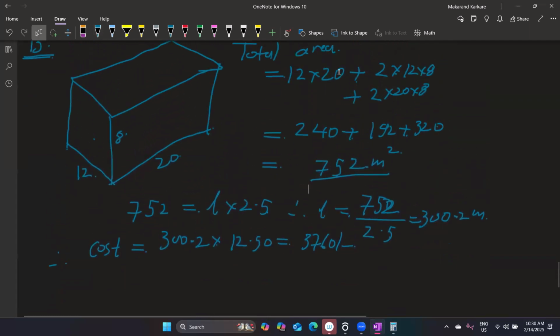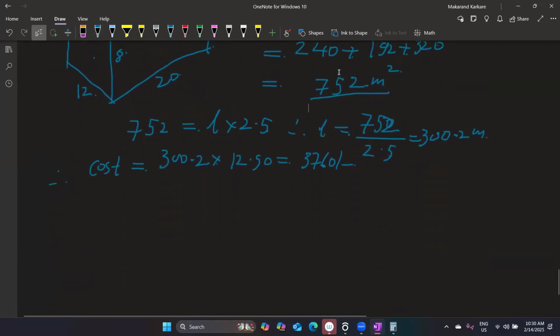Now let us look at this. This 752 meters square must be equal to length into 2.5 meters. 2.5 meters is the width of the sheet, is it not?